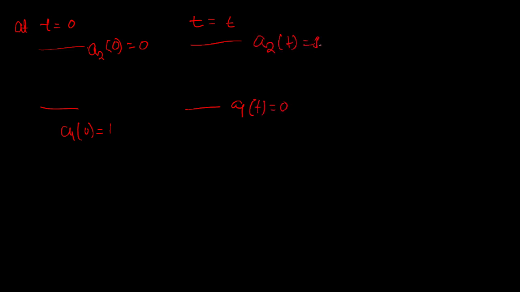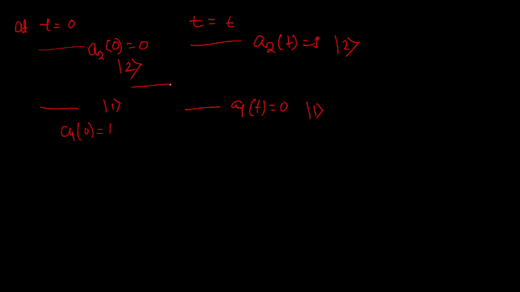So therefore the probability of finding the system at level 1, these are two level system, so the probability of finding the system at state 1 at t0 is maxima, that is 1. And similarly at t0, that means the initial condition, the finding of the system at level 2 is 0.